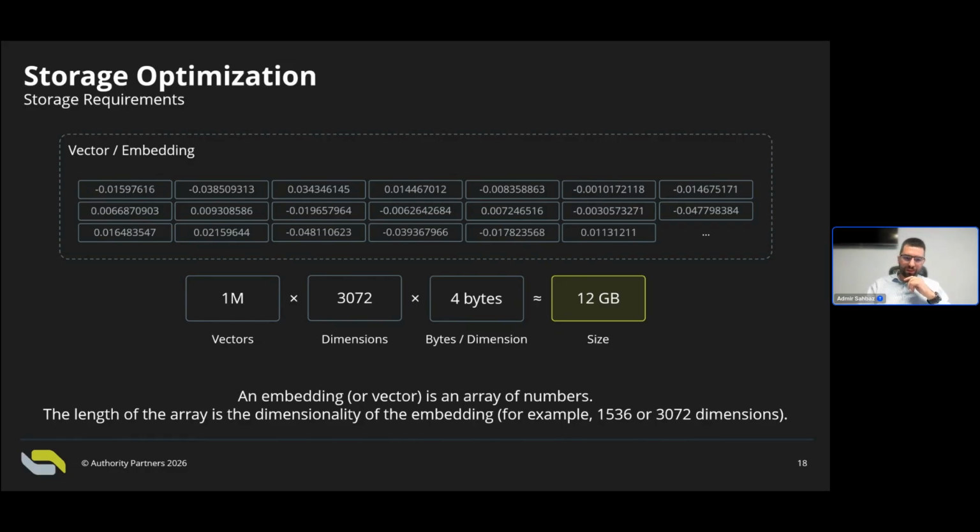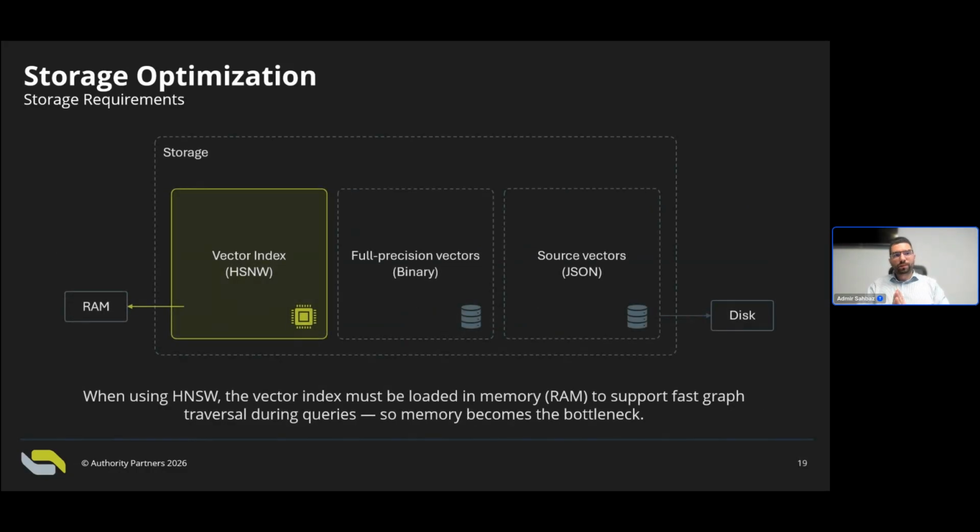Now, why this storage footprint matters: the main concern comes from the fact that a vector index is memory bound. When we use HNSW, which is the algorithm we use for approximate nearest neighbor search, the vector index must be loaded in memory to support fast graph traversal during queries, because it involves a lot of random access.